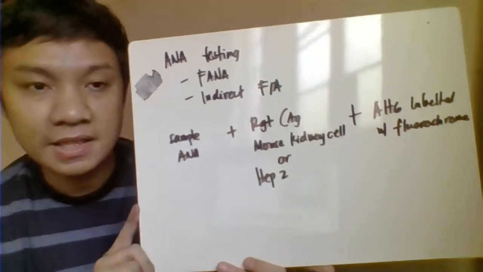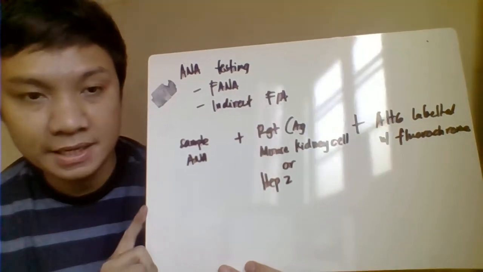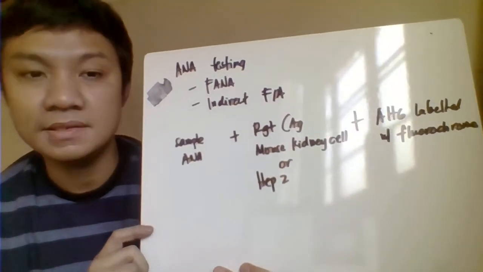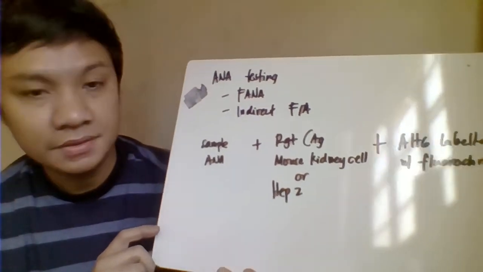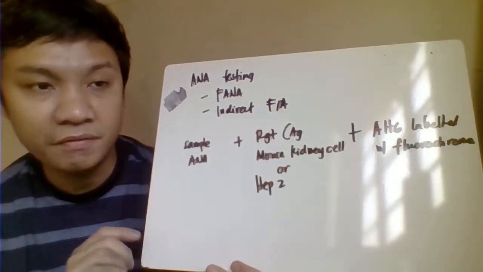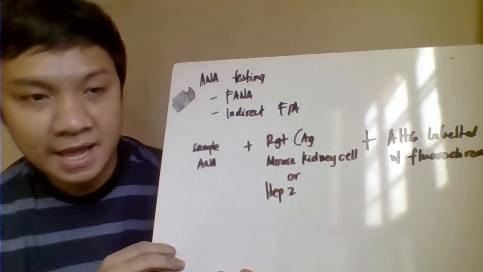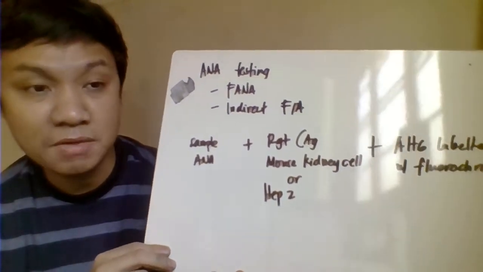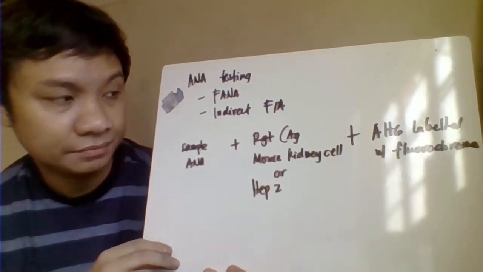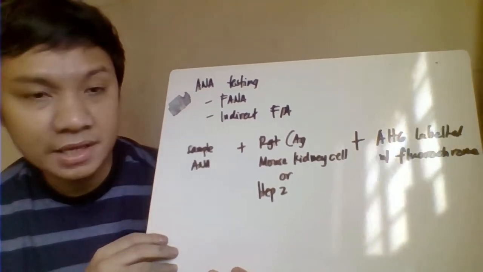Okay, we have here the anti-nuclear antibody testing. So basically, you are testing for the anti-nuclear antibody presence in the serum of the patient. So this is a type of fluorescent anti-nuclear antibody testing in the form of your indirect fluorescent immunoassay. Indirect, since you're detecting for the antibodies.